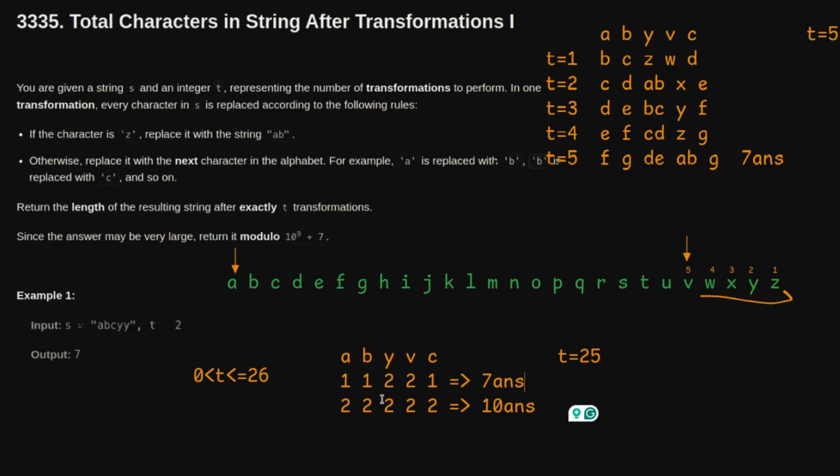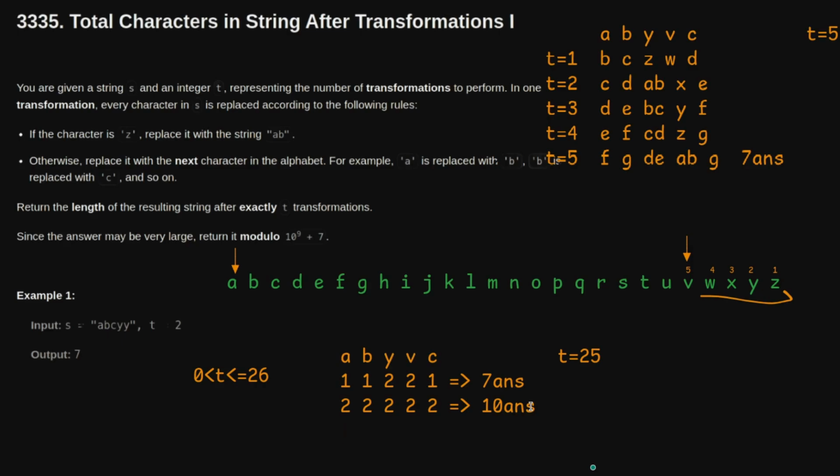Suppose the iteration is greater than 26 and we say that A is A plus 25, that is, A is converted to Z. Let me keep the original string as it is.